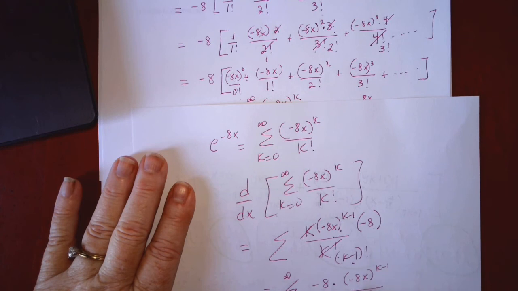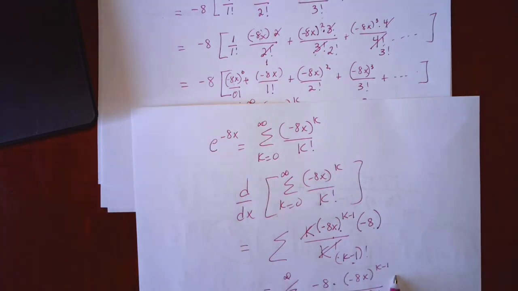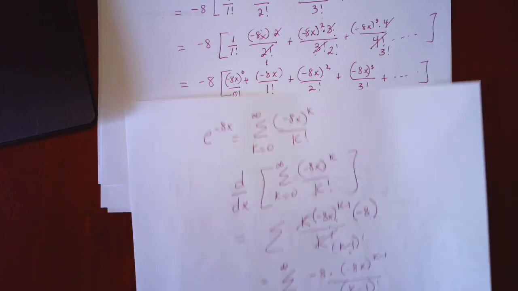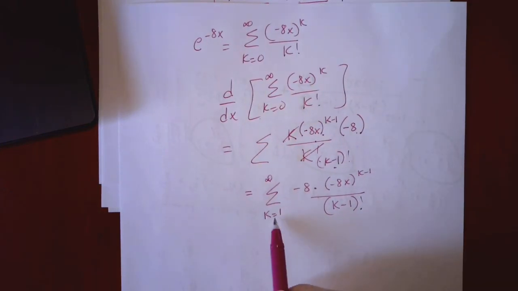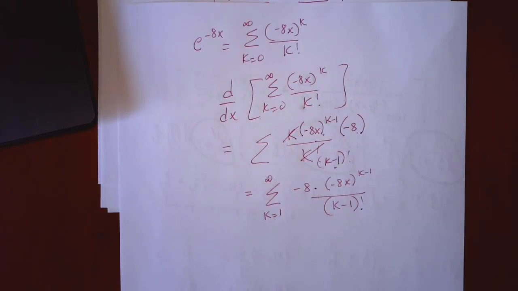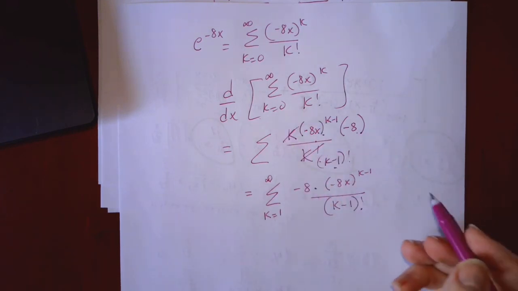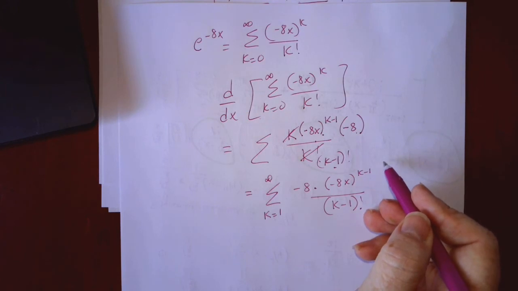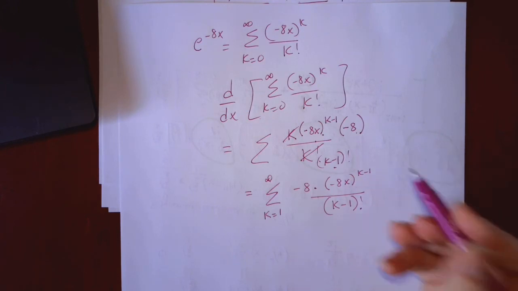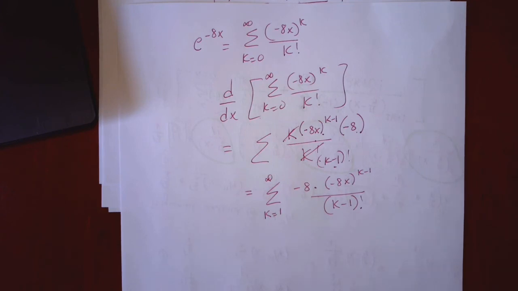If we started at 1, we'll have negative 8x to the 1 minus 1, which is 0. So that becomes our negative 8 times 1 there when we started at k equals 1. So you do have to be careful that you move your starting k value accordingly. But that would also give us the summation that we got earlier starting at a different spot.